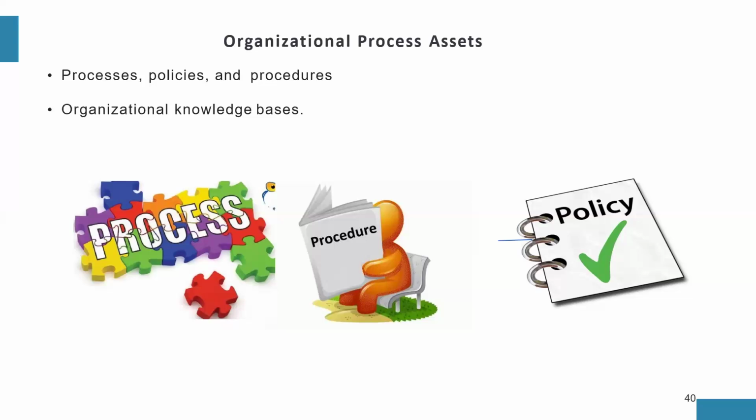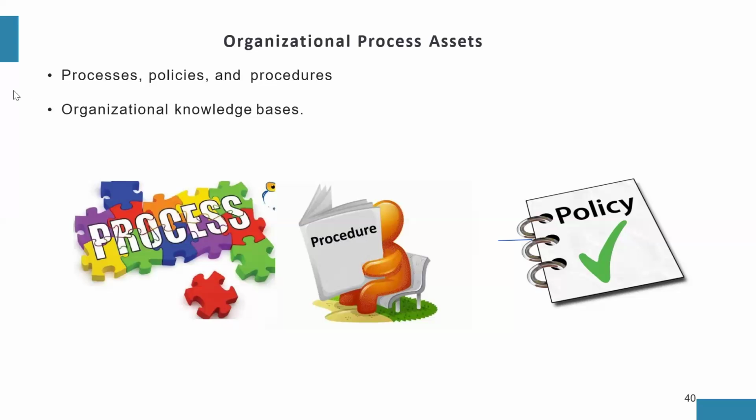Your project is not completely outside what you do in your organization. Your project will still align with the processes, policies, and procedures of your current organization. So these are internal constraints, internal factors that affect our project.